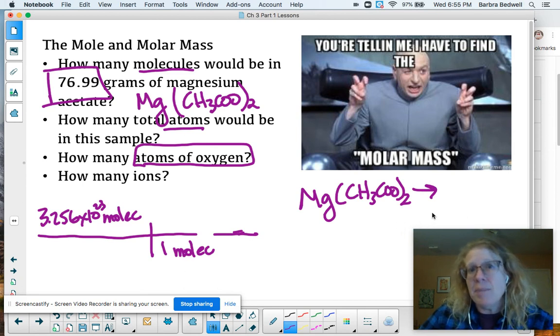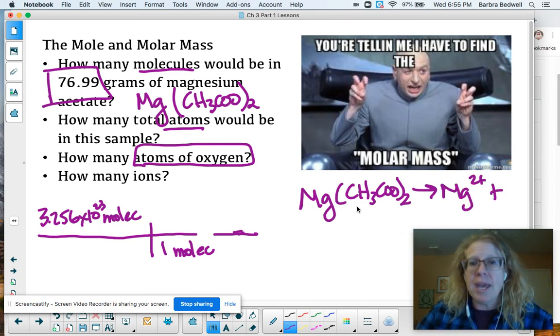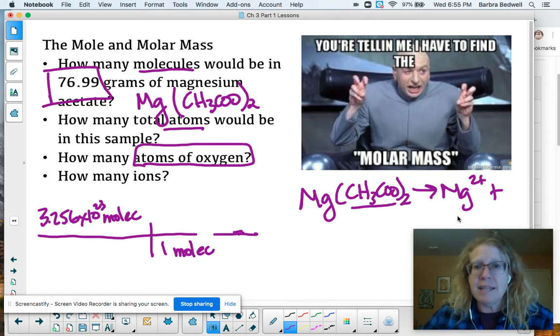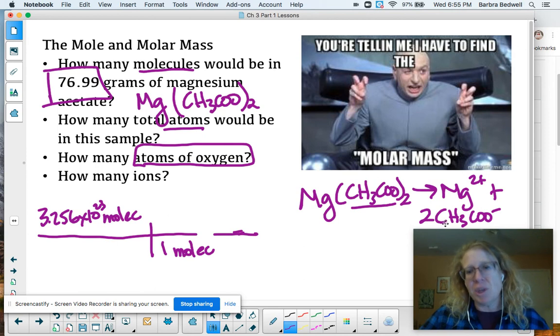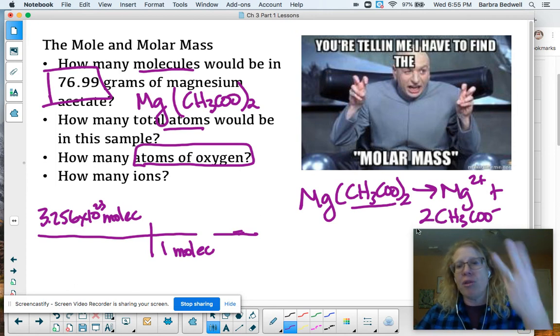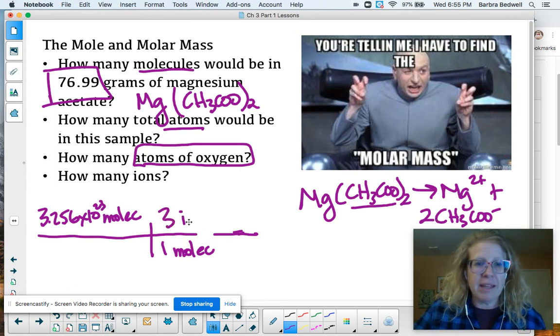When this thing comes apart, we get a magnesium ion, Mg2+, and we also get 2 of these teams, CH3COO, acetate ions. There are 2 acetate ions. So for every single formula unit of magnesium acetate, I get a total of 1 cation and 2 anions, or a total of 3 ions.